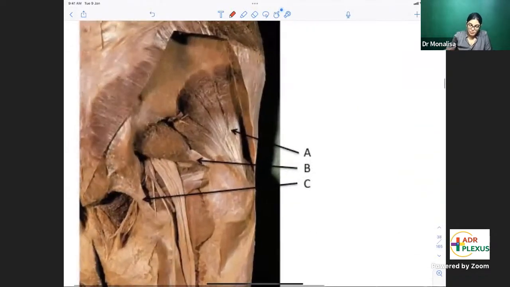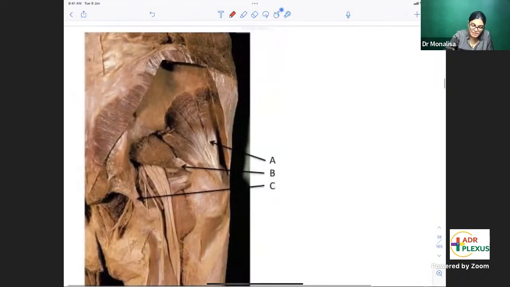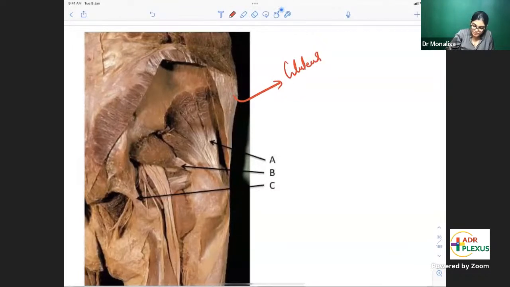If you enlarge this structure, you can see the cut ends of the fibers. This is the cut part of gluteus medius muscle. This is the cut part of gluteus maximus muscle.